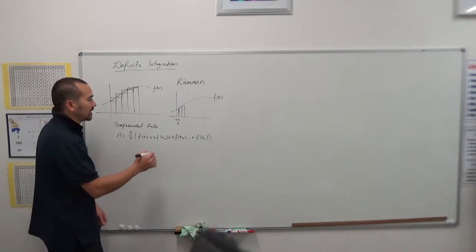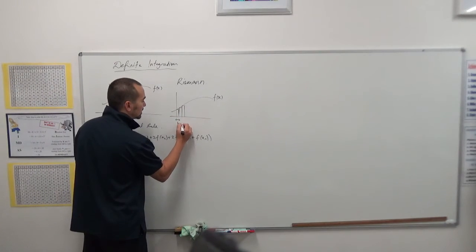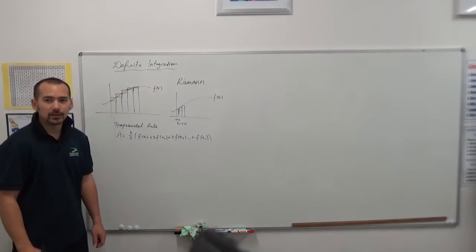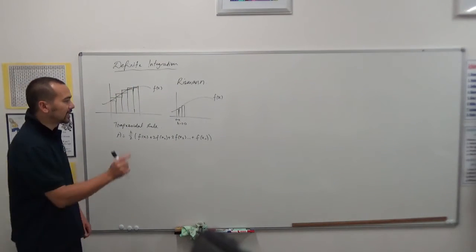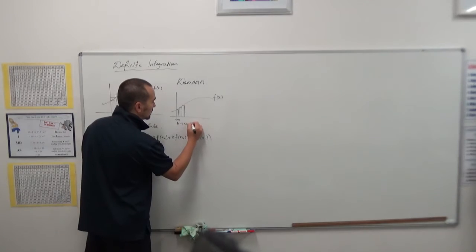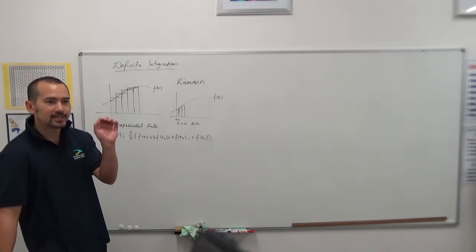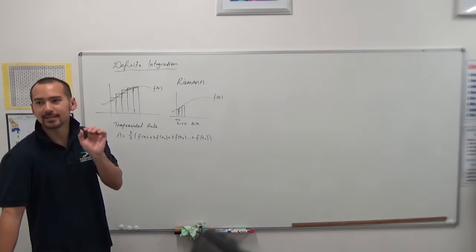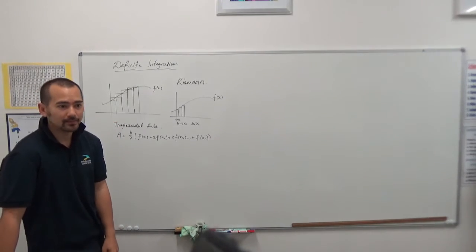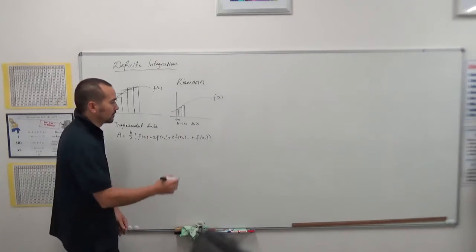And as h approaches the value 0, we get a distance that we'll call delta x. A very infinitesimally small distance. And it's a width. So delta x is a width.